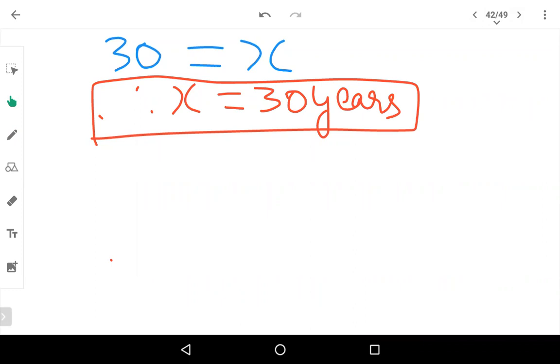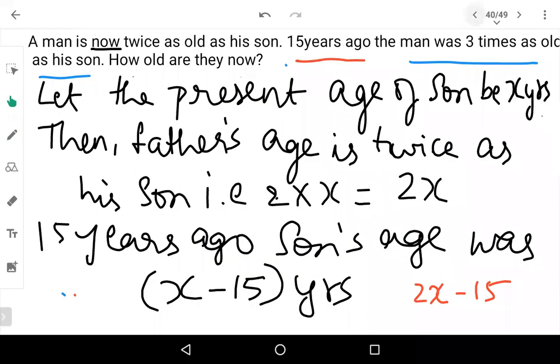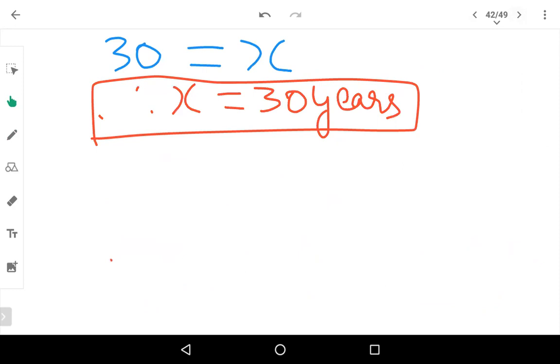And now let us understand what is the age of father. Now, father's age is twice a son's, that is nothing but 2x. So, if x is 30, 2 into x is going to be 60 years. They're asking us what is their present age.